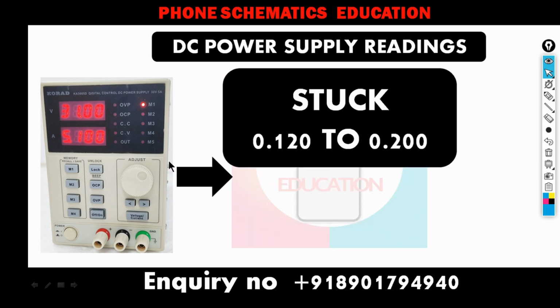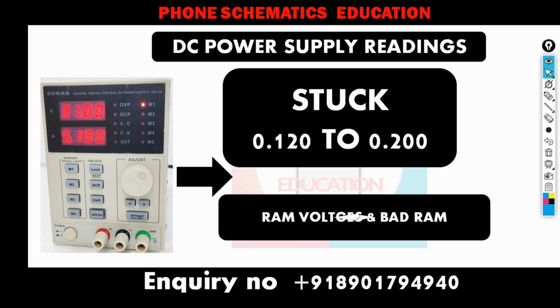Now, next, if when your phone connects it goes to 0.120 and to 200, normal booting 30, 40 milliamp, 60, 120, 150, 180, back down to 120, 140, stuck anywhere in between, this problem is caused by the RAM, a bad RAM, bad RAM voltages, mostly in double decker phones.